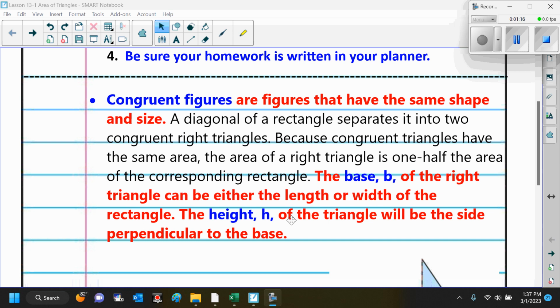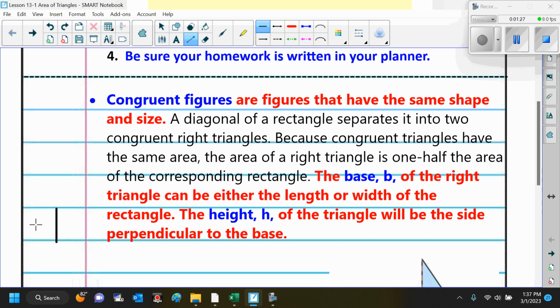The height, H, of a triangle can be the side that is perpendicular to the base. And of course, perpendicular means that when two lines intersect, they form a right angle, 90 degrees right there. Okay, that's what perpendicular means.